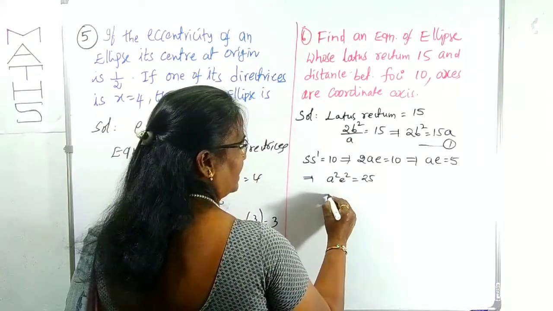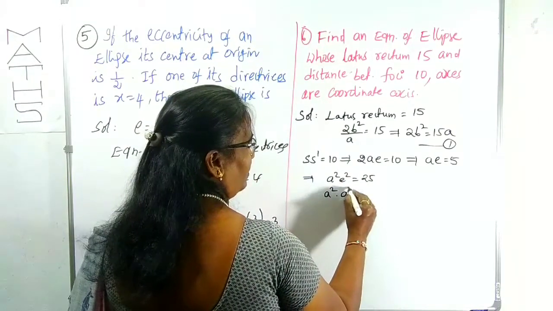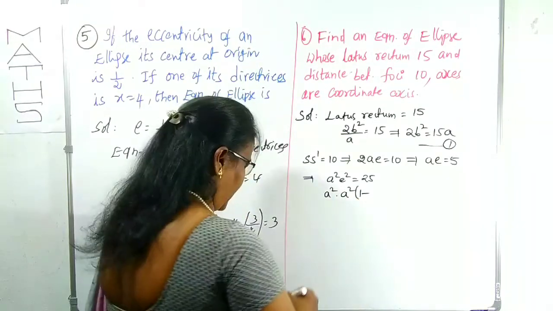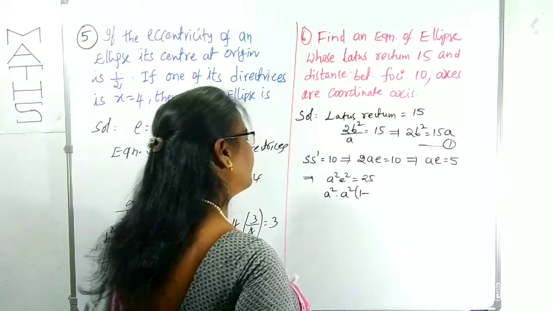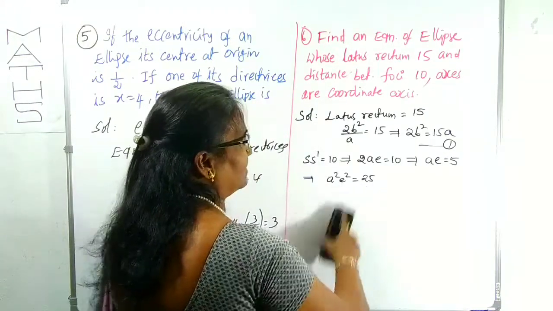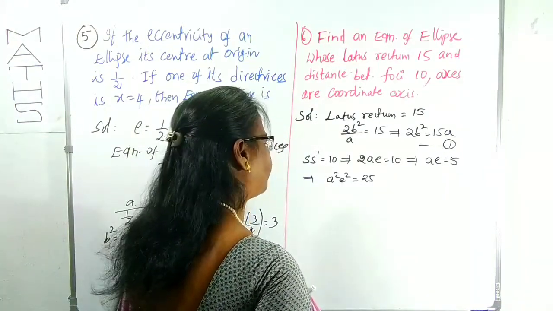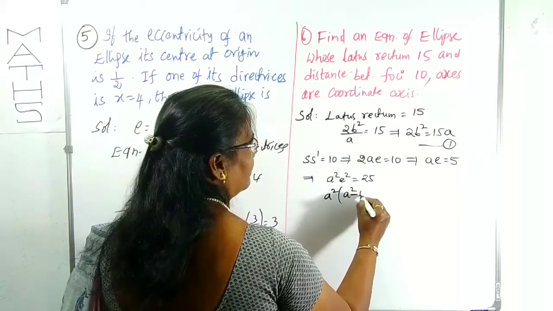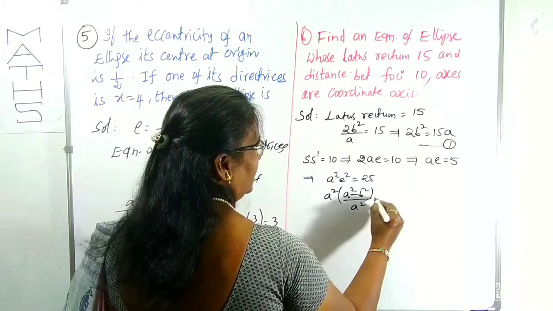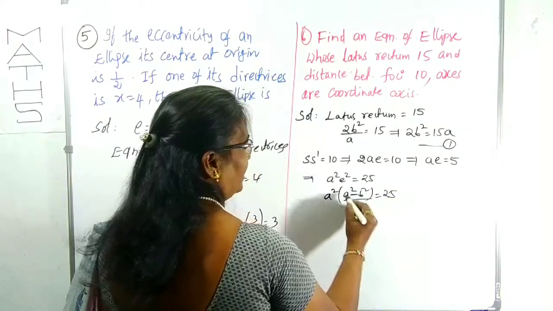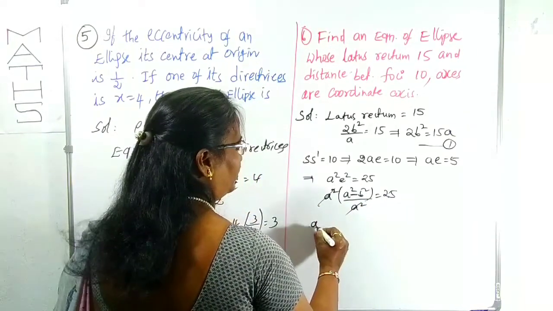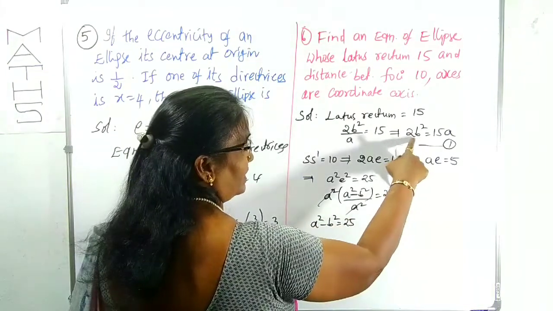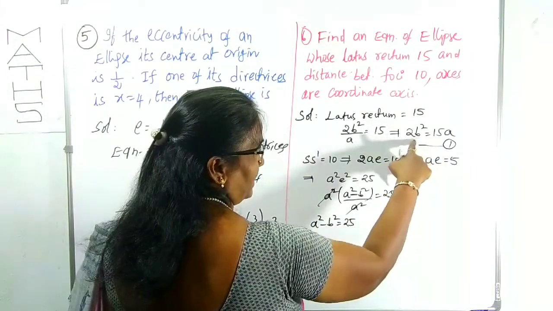In place of e square we can write a square minus b square by a square, so a square e square is also written in another form: a square minus b square by a square, multiplied by a square, is equal to 25. a square cancels. What will be left over? a square minus b square is equal to 25. What is b square? b square is 15a by 2 from equation 1.